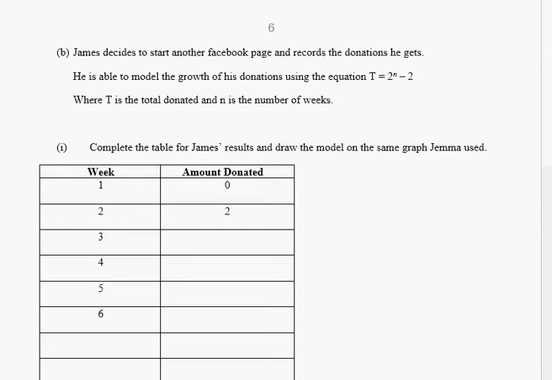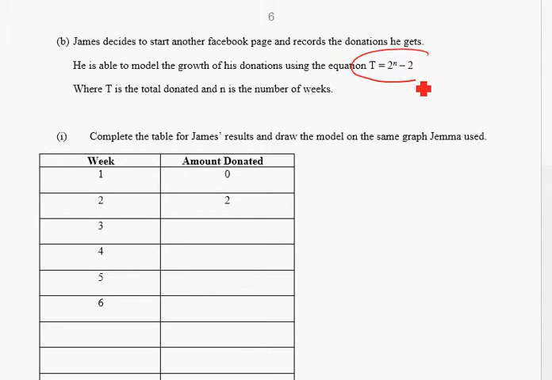Right, this time we have an equation. Capital T. So that'll be T, and that'll be N for weeks. So this is James. Right, let's try with 3.